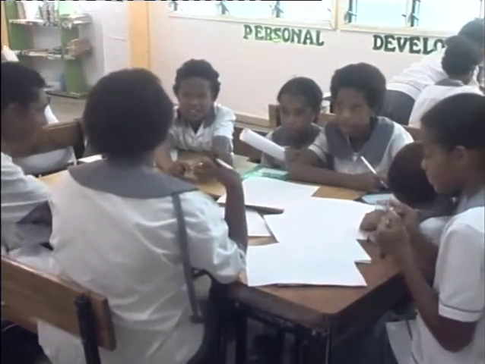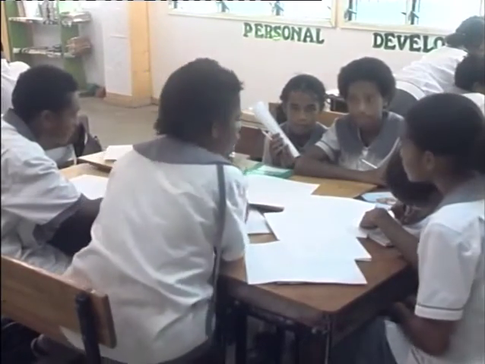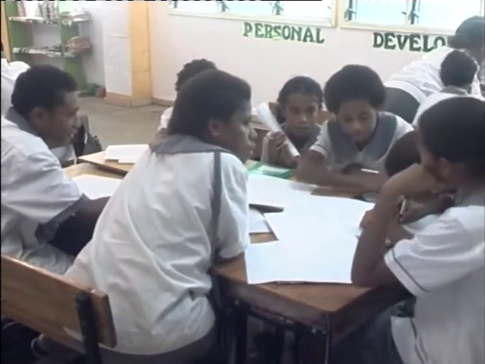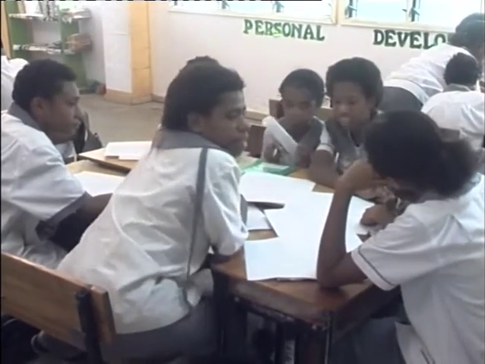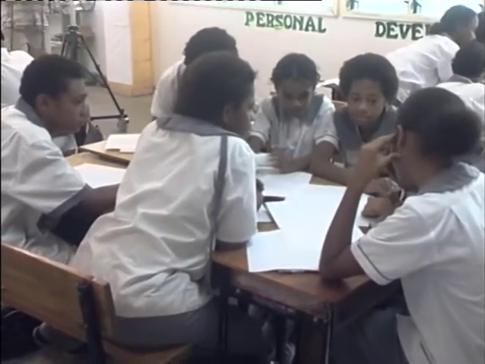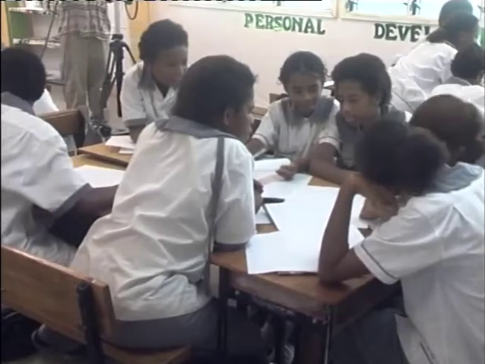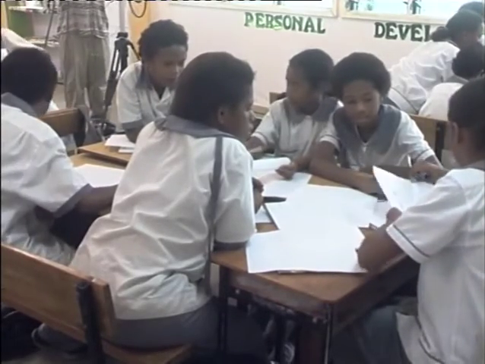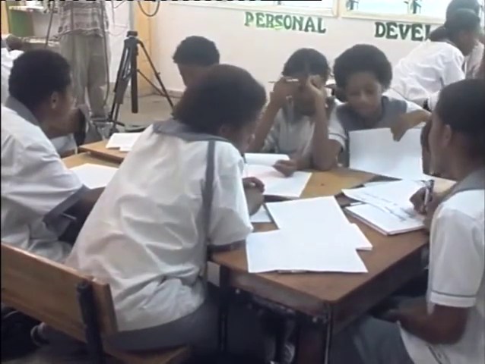Okay, this paper is for the second activity. So you're all getting one. But for this activity, you have to do that first one as a group. Once you finish it, you start on the second one. Get it completed, and we will have a look at it first thing, the next lesson. Everything goes in order.